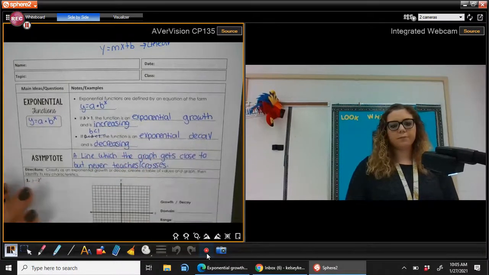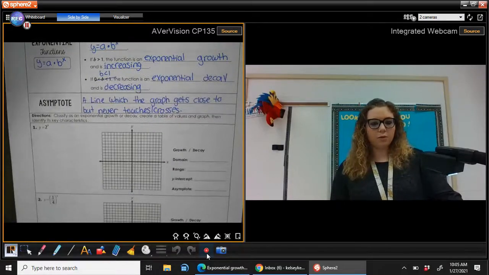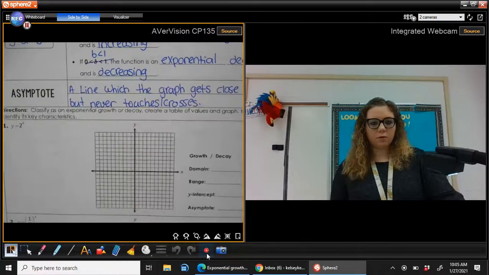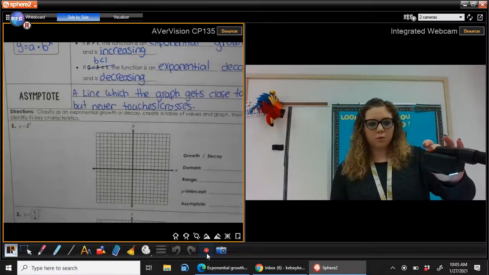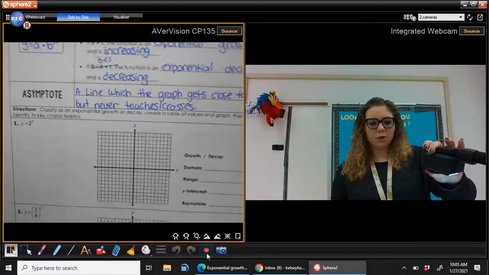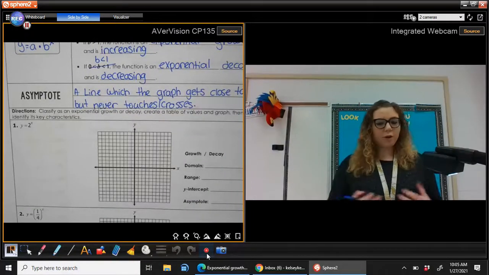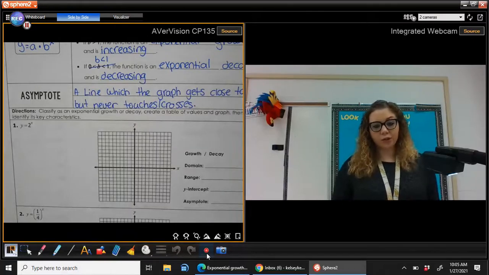Okay, so let's look at example 1. It's y equals 2 to the x. To be able to graph it, we're going to make a chart.